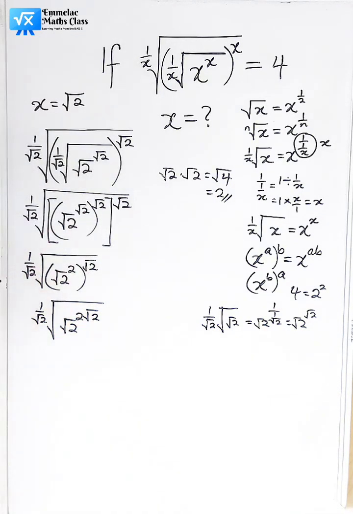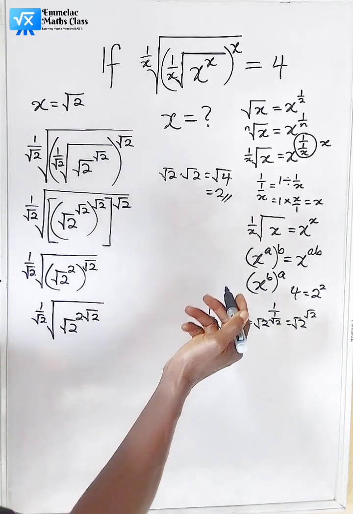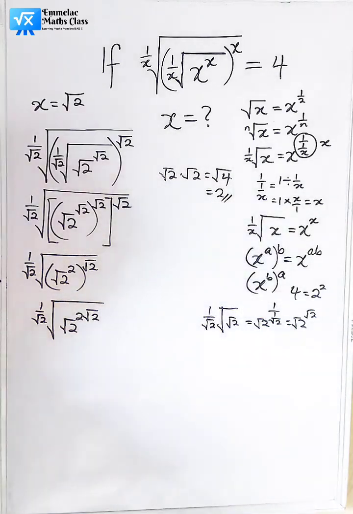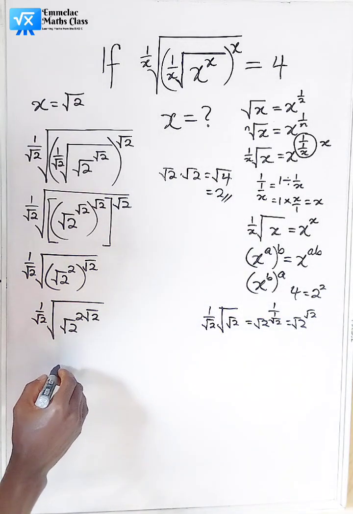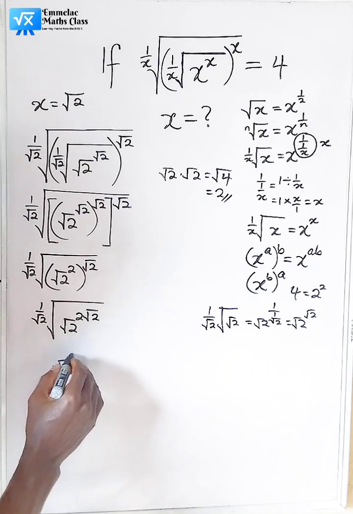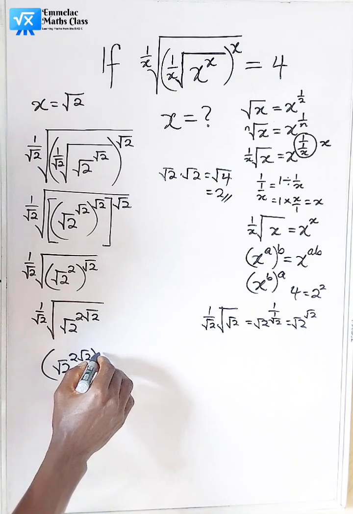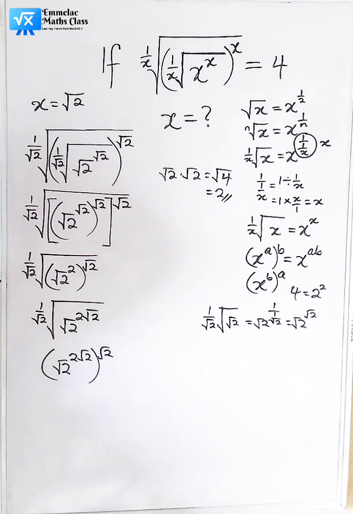Okay, all right, so simplifying 1 over the square root of 2 here, that means applying which rule here, and we end up having this. So here we have the square root of 2 raised to the power of 2 root 2, or raised to the power of root 2.